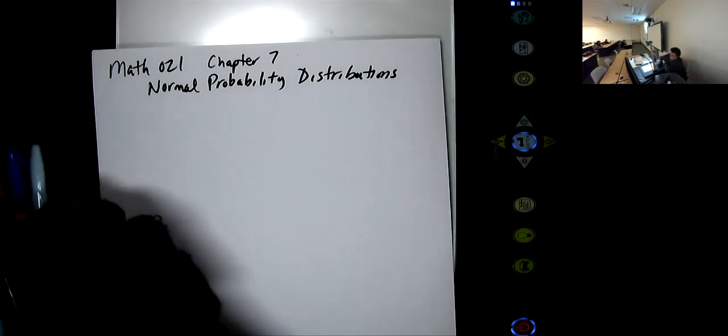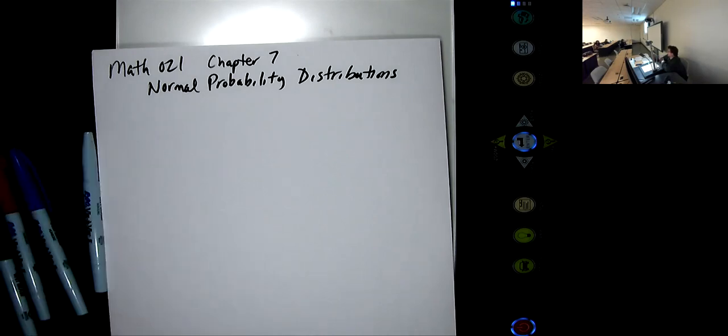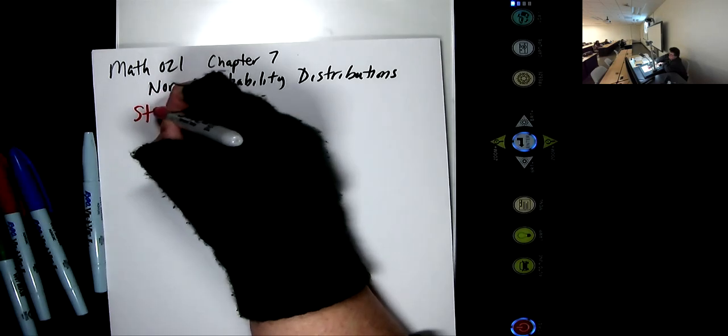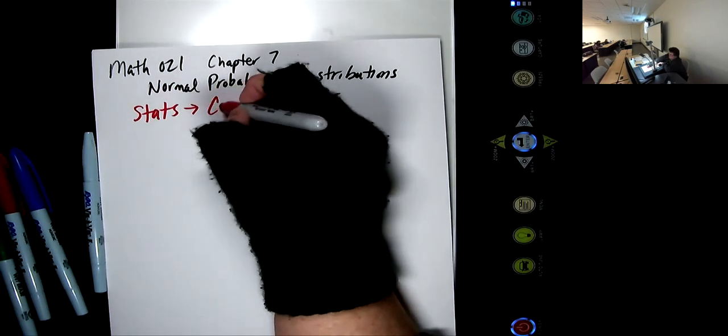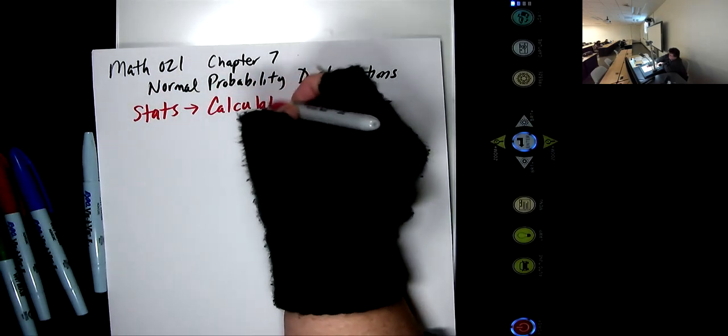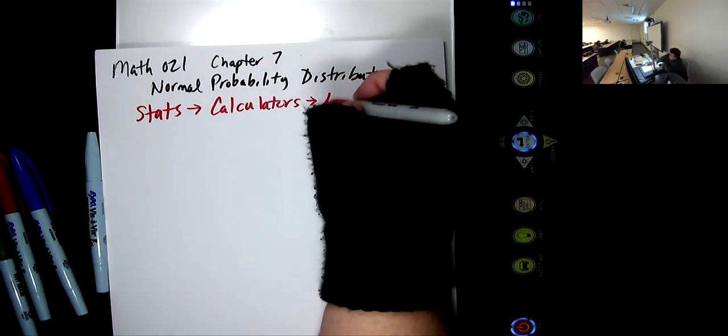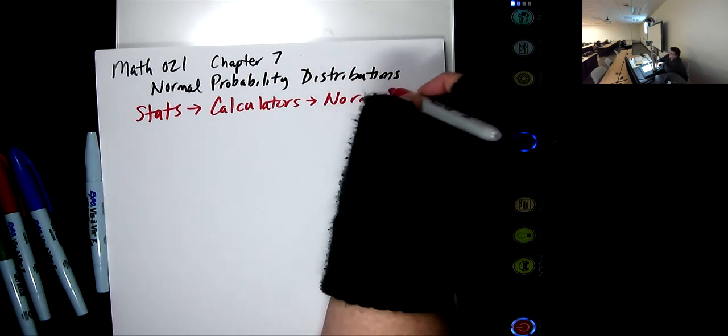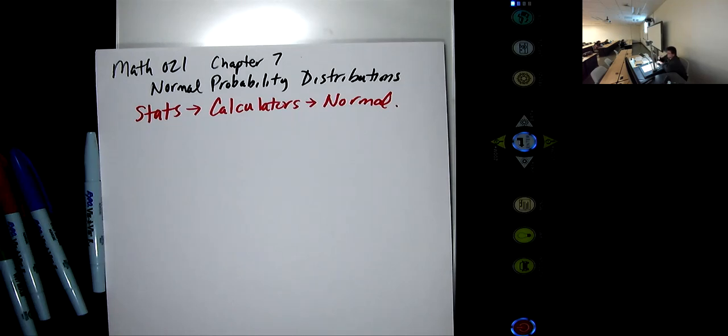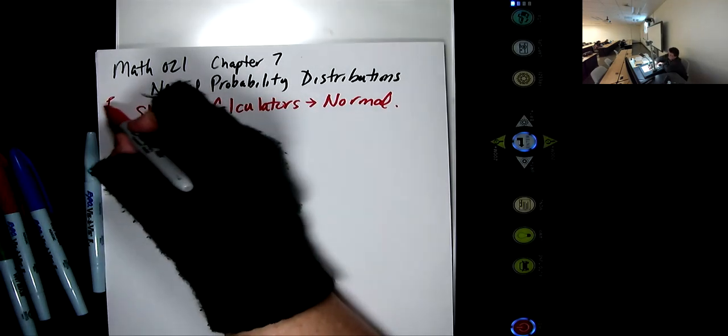Just so you know where to find it, no need to look through your notes later on. Right smack dab at the top. StatCrunch is stats, calculators, normal. That's NSC.